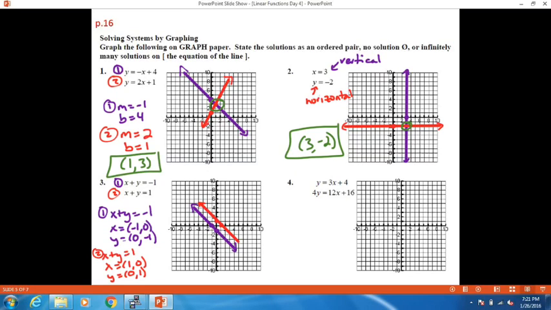And then we can see that our lines are parallel. They're never going to touch. So this is an example of one of those where we will have no solution, because they are parallel lines.